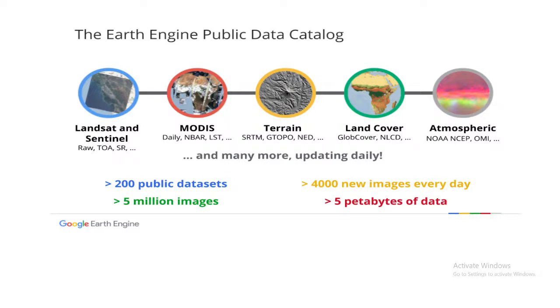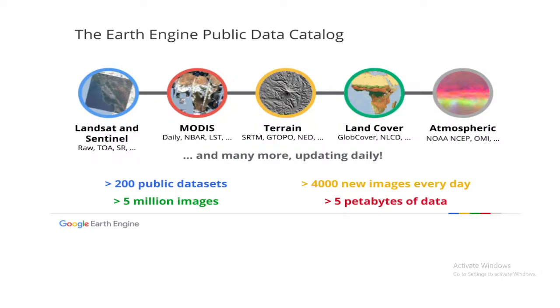Using it, we don't need to download any satellite imagery or any other remotely sensed data. We can easily access everything from the Google Earth Engine platform and use it for different types of analysis. And this data set is updated daily.